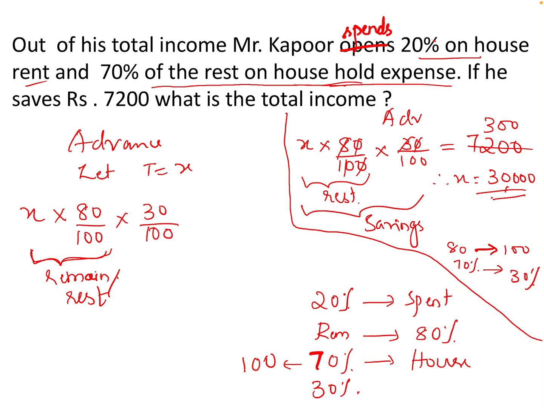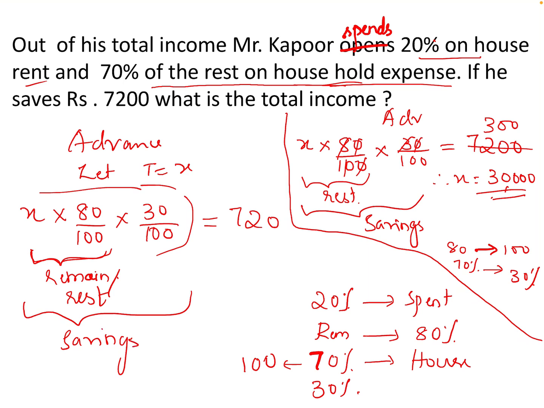So after spending all these things, he is saving 7,200. So this whole thing is nothing but savings, because this is whatever is remaining after spending.